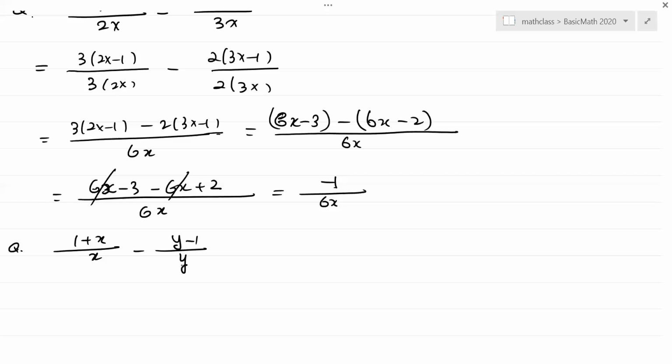So please work out this one. All right, anyone have an idea?